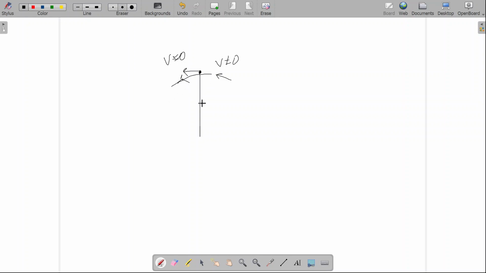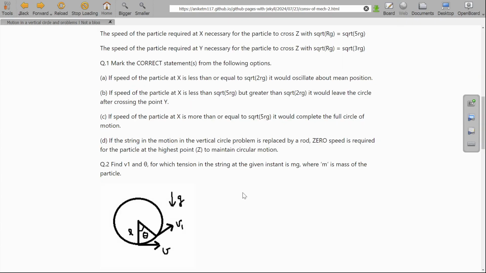It's because the rod cannot slack at the highest point. In fact, the rod will have some compression equal to mg, because the weight of the particle is balanced by the rod. If we were to draw the diagram, there would be a normal reaction from the rod and the gravitational force on the particle. So the compression of the rod would be equal to mg. So no speed is required at the highest point.